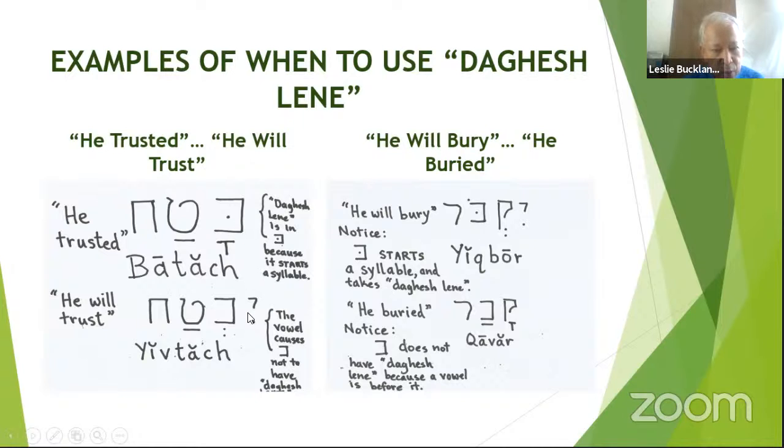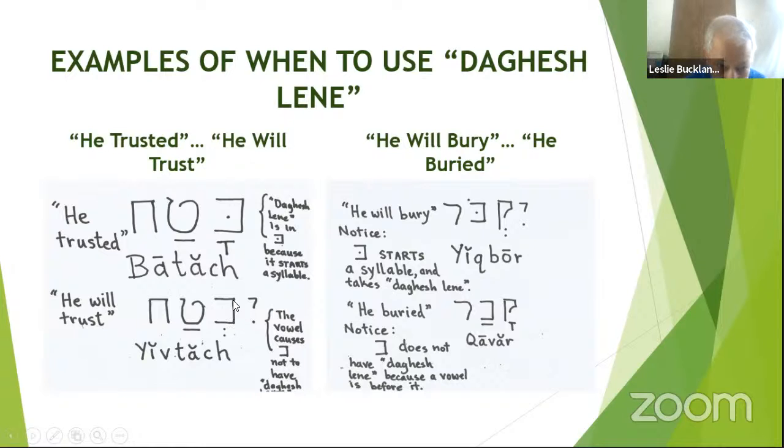Now let us look at what happens when there is a vowel immediately before a consonant that would otherwise be able to take Dagesh Lenny, like up here. Notice that there is the vowel short hirik, a short I sound, immediately before the vase.